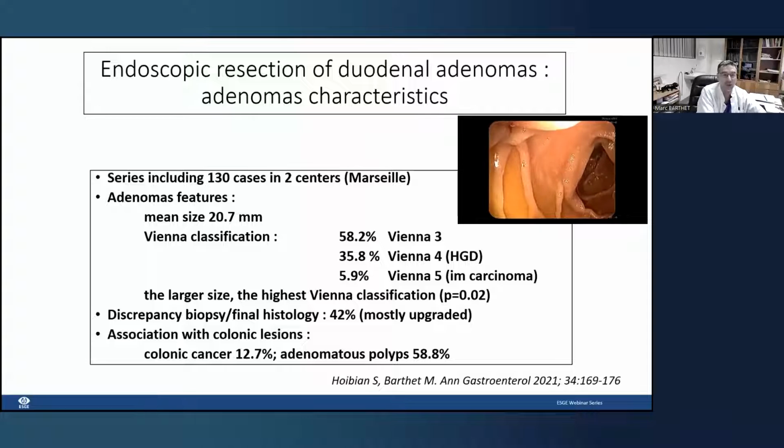And so we included 130 cases, and you see the mean size was 20 millimeters up to 5 centimeters. And you see 35% had high-grade dysplasia and 6% had intramucosal carcinoma. And looking at the result, the larger size you had, the higher Vienna classification you had, it was significant.